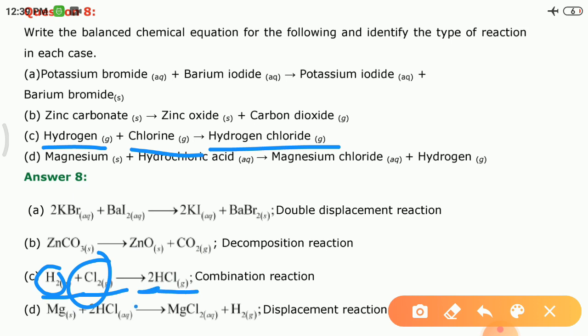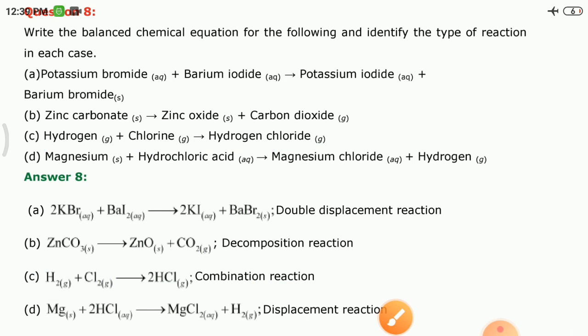Now here two substances are combining together and making a new substance, so this is the combination reaction. So the reaction will be H2 gas plus Cl2 gas gives 2 HCl gas, combination reaction.